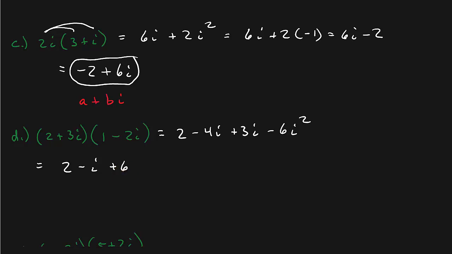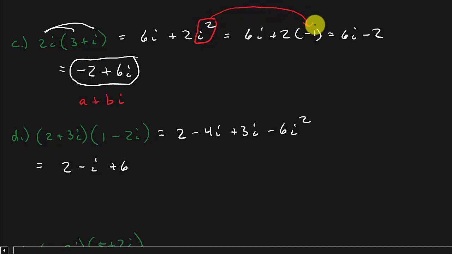Well, do you see how I went from i squared to negative 1, and then a negative 1 times a positive 2 was a minus 2. That's all I did. See how this was plus, and now there it's minus, okay?